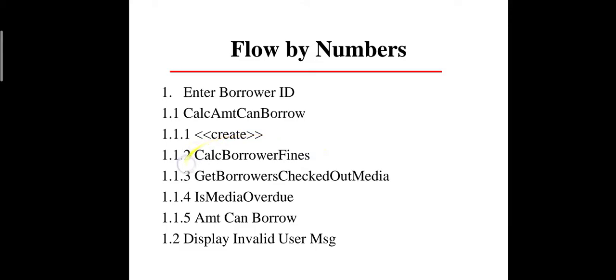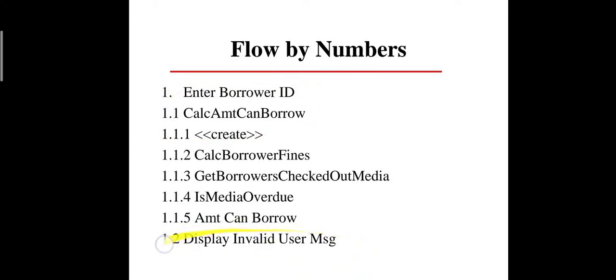Then it will check whether a fine is associated with that amount. If so, then it will calculate that fine, get the borrower's checked out media, and check whether the media is overdue, and it can give the amount that can be borrowed. Otherwise, if the borrower ID does not match, then it will display the message.